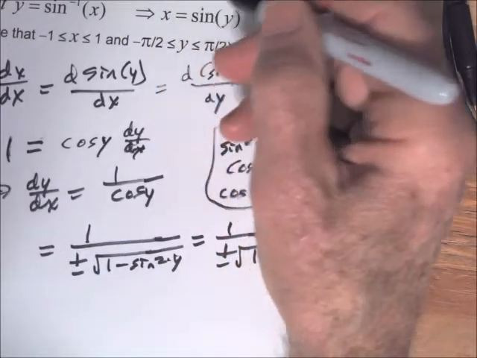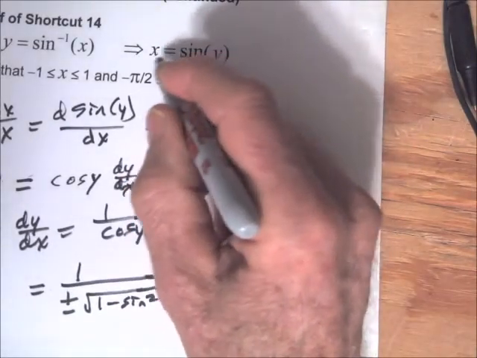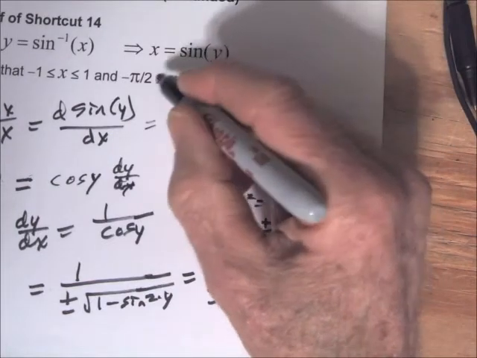So that's the first and fourth quadrants. That's the domain restriction in order to get a sine inverse function. That y has to be between pi over 2 and minus pi over 2.